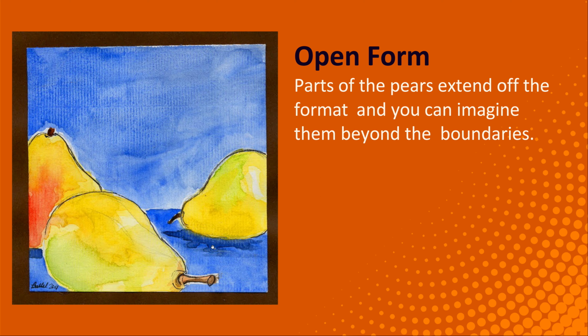But we also have a couple of objects falling off or breaking the plane of the boundaries, right? Having this open space here automatically draws the viewer's eye down, and then you have these two overlapping images.